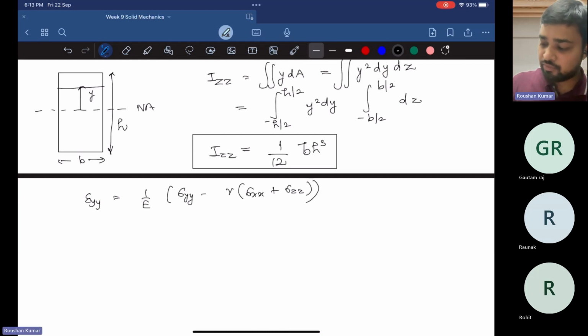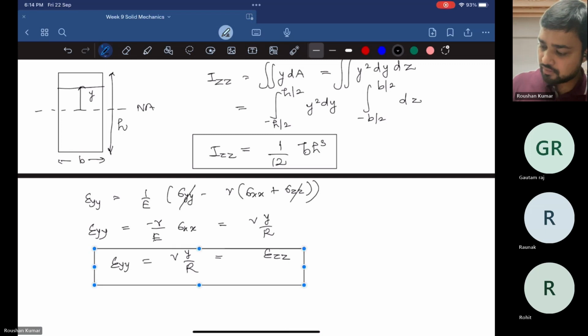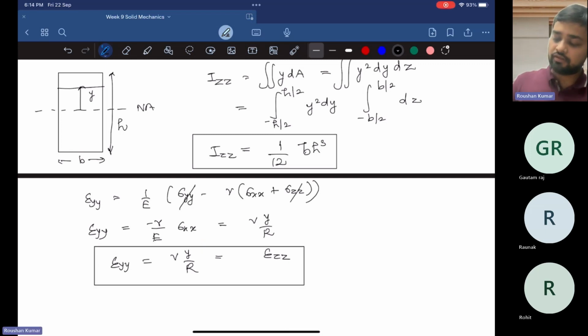We are assuming only normal stress, that is sigma xx, so sigma yy and sigma zz cancel out, and the only term left is sigma xx, which gives nu times y by R. So epsilon yy is nu times y by R, and it is the same as epsilon zz. So this is the formula for lateral strain. Using this formula, we can calculate the value of the lateral strain as per the question.